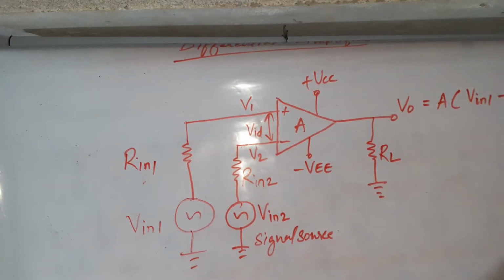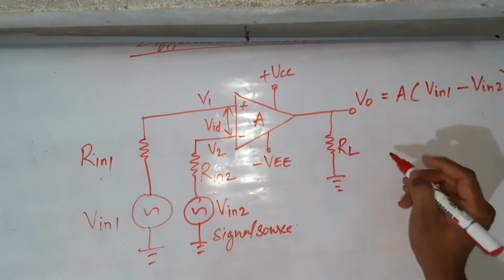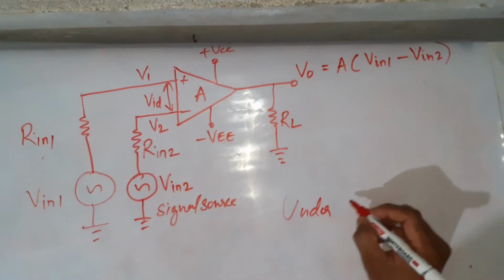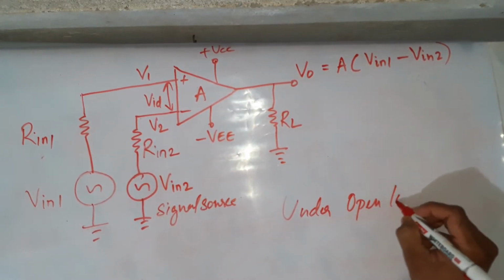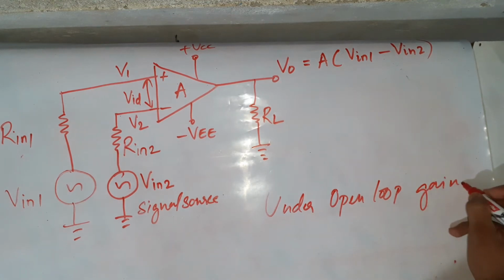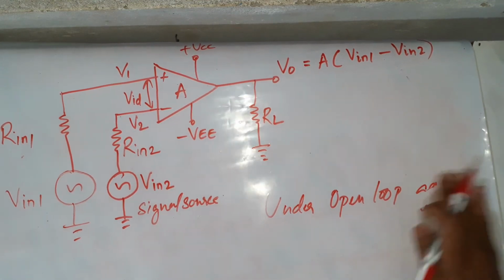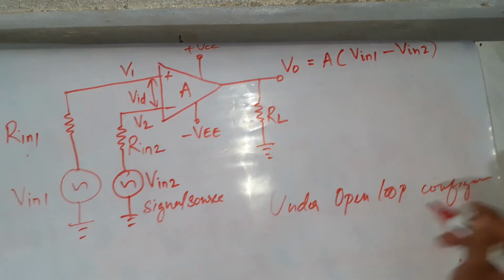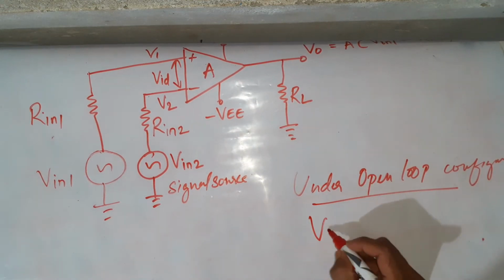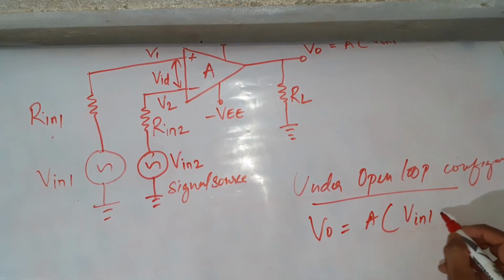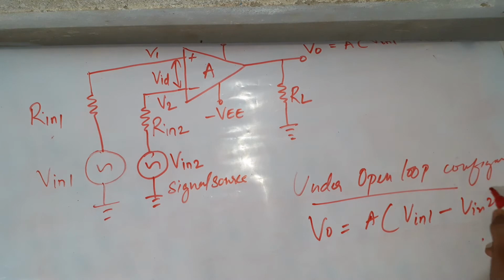So finally, under open loop configuration, V naught is equal to A into V in 1 minus V in 2.